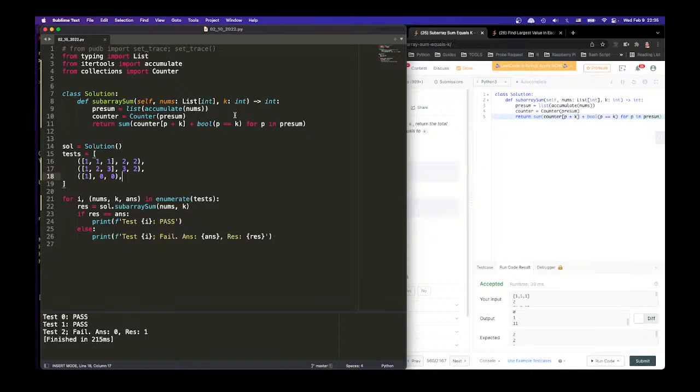So you're saying if k equals 0, yeah, 0 is a special case.